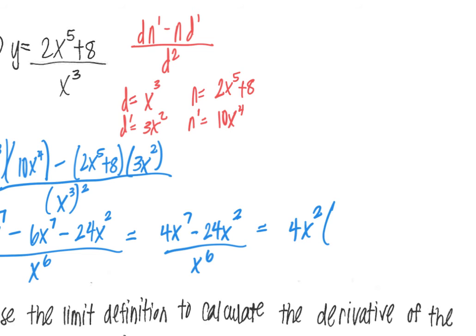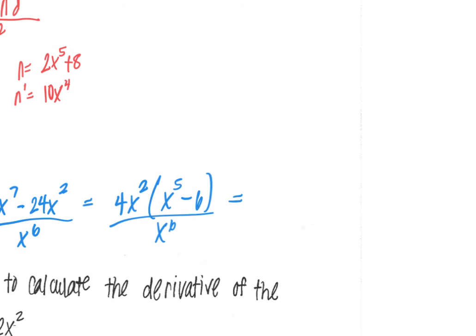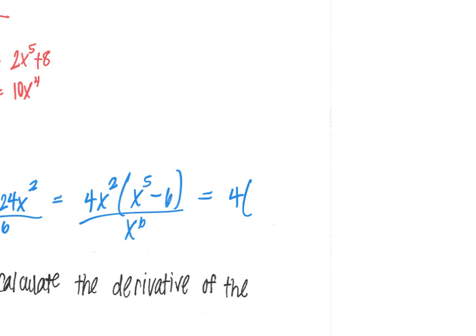You're left with x to the 5th minus 6. This x squared and this x to the 6th, let's just say both of these x's right here cancel with 2 of these and leave us with 4 times x to the 5th minus 6 all over x to the 4th.